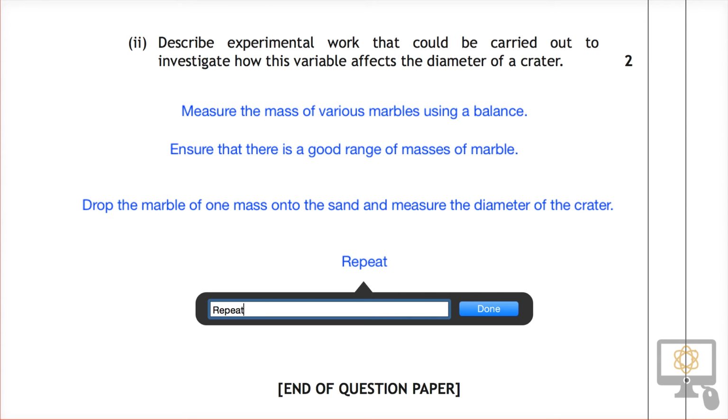Repeat, because we want to make sure we do that more than once, ensuring the height is kept constant.